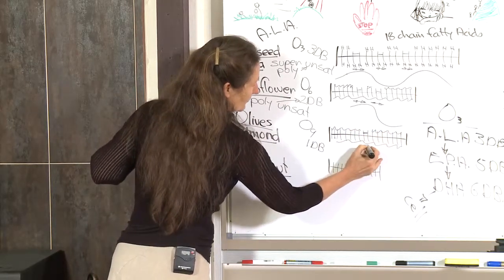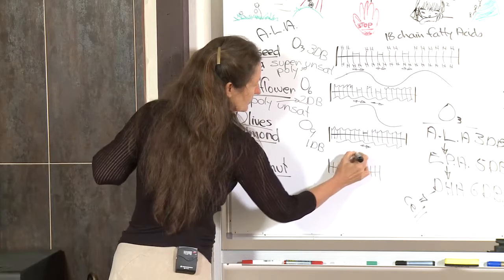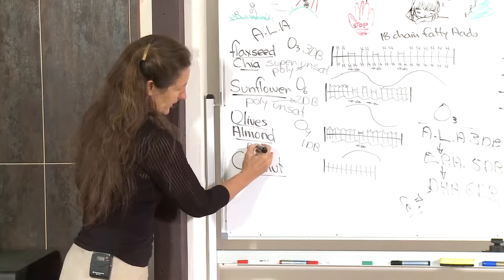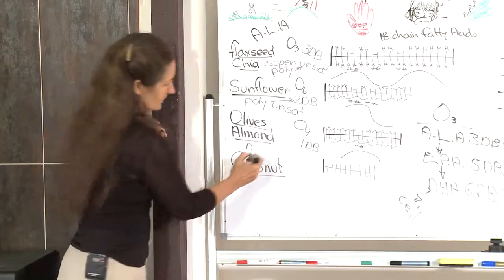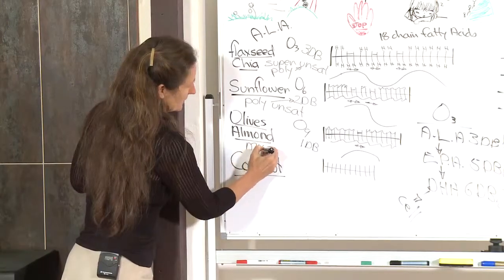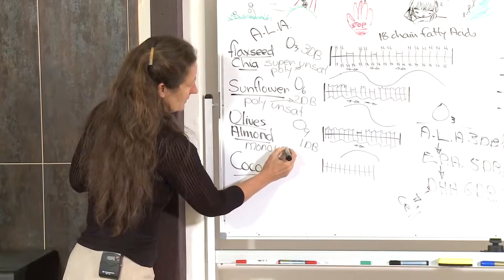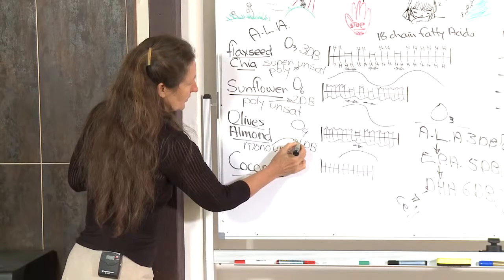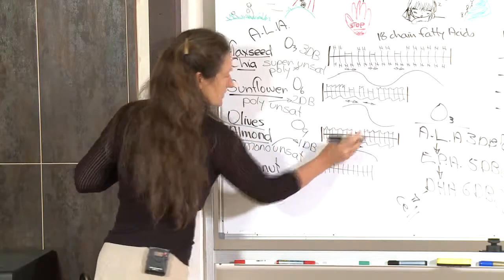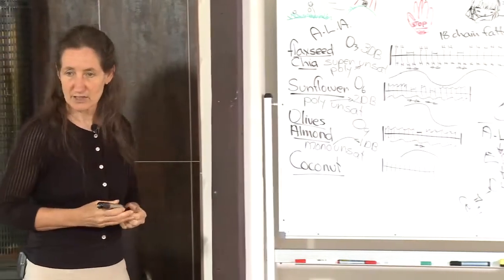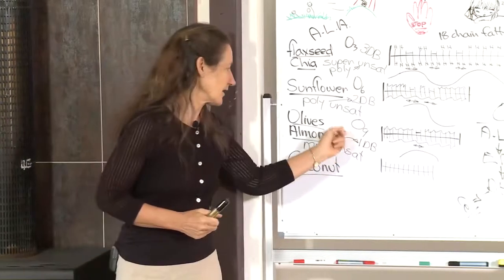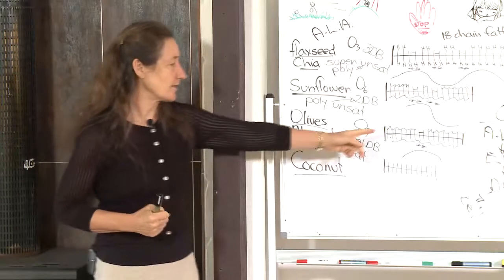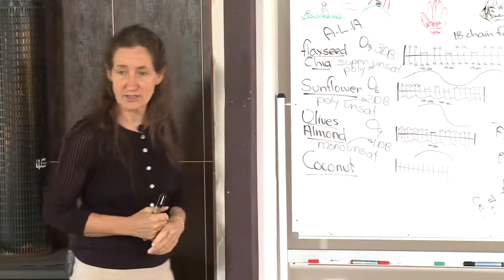You've only got 1 repelling action, which means you've just got 1 kink. As a result, the oil found in olives and almonds is called monounsaturated fatty acid. Mono referring to the fact there's only one double bond. Unsaturated because there's still an empty spot on the fatty acid chain. And I think we can all appreciate olive oil is very thick oil. It's very thick oil because there's only one double bond in the fatty acid chain.